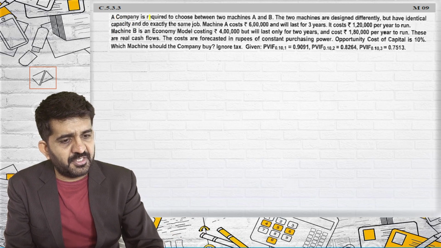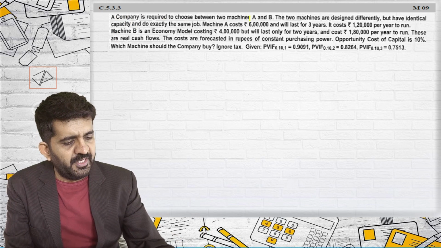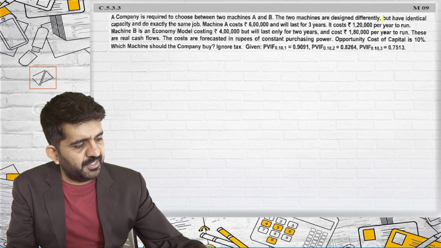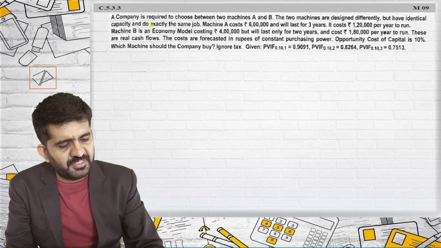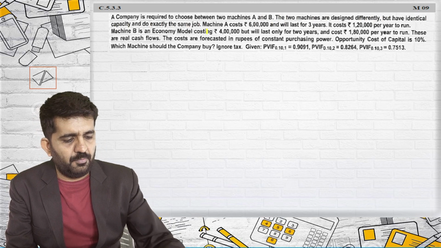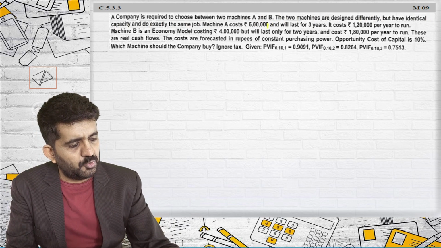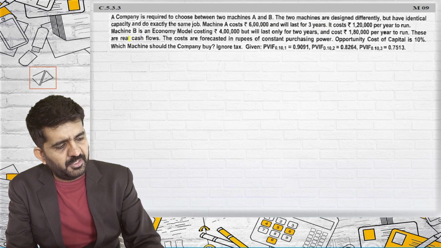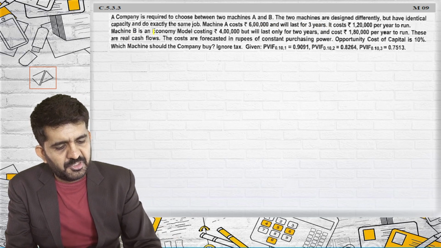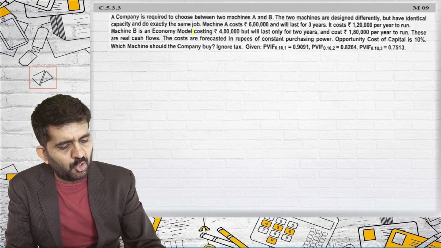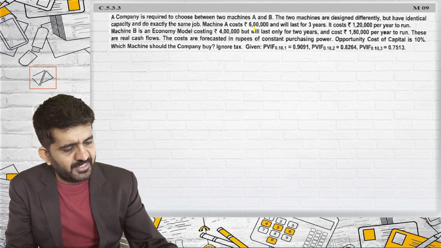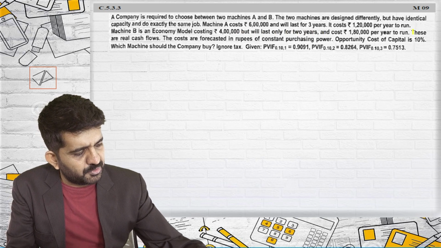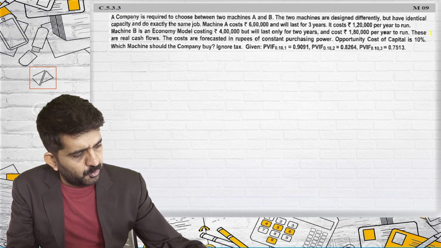A company is required to choose between two machines A and B. The two machines are designed differently but have identical capacity and do exactly the same job. Machine A costs rupees 6 lakhs, will last for 3 years, and costs 1,20,000 per year to run. Machine B is an economy model costing rupees 4 lakhs but will last only 2 years and costs 1,80,000 per year to run.